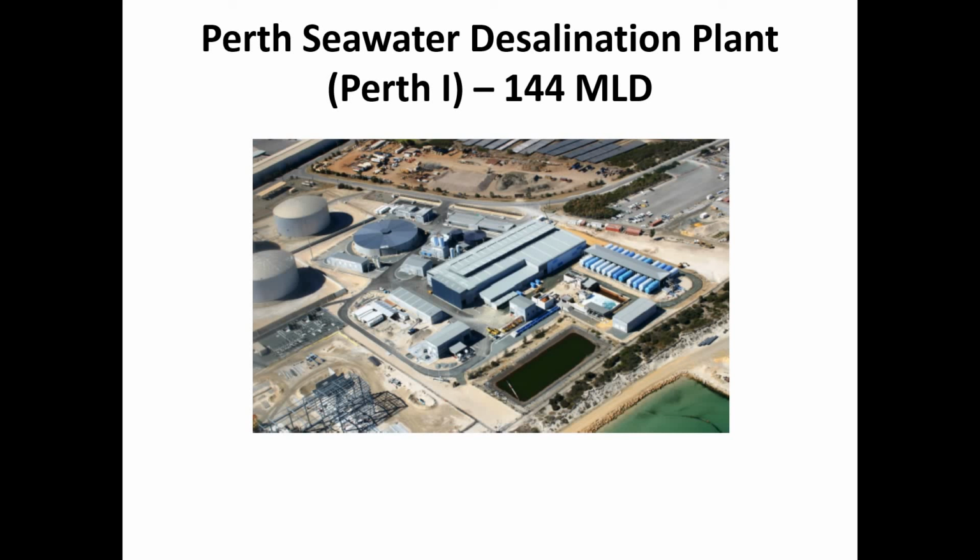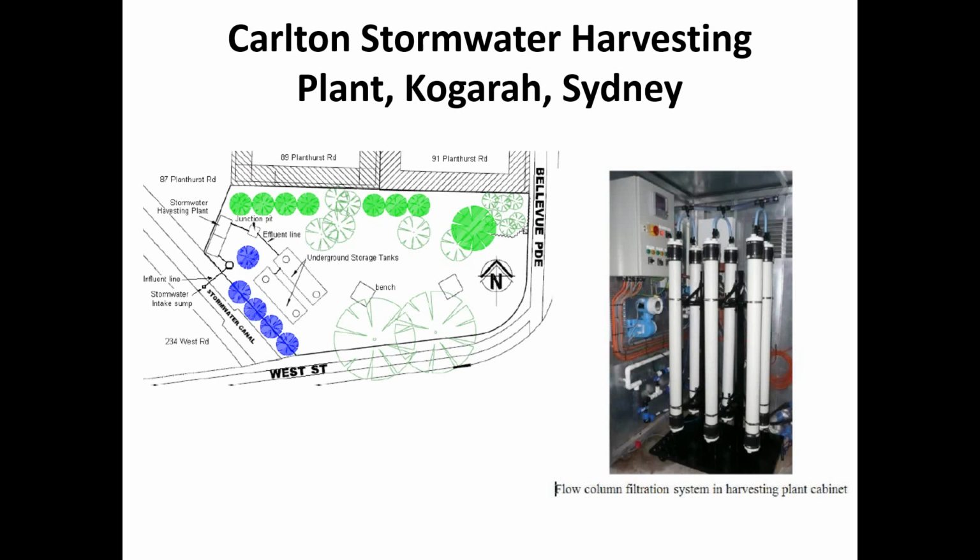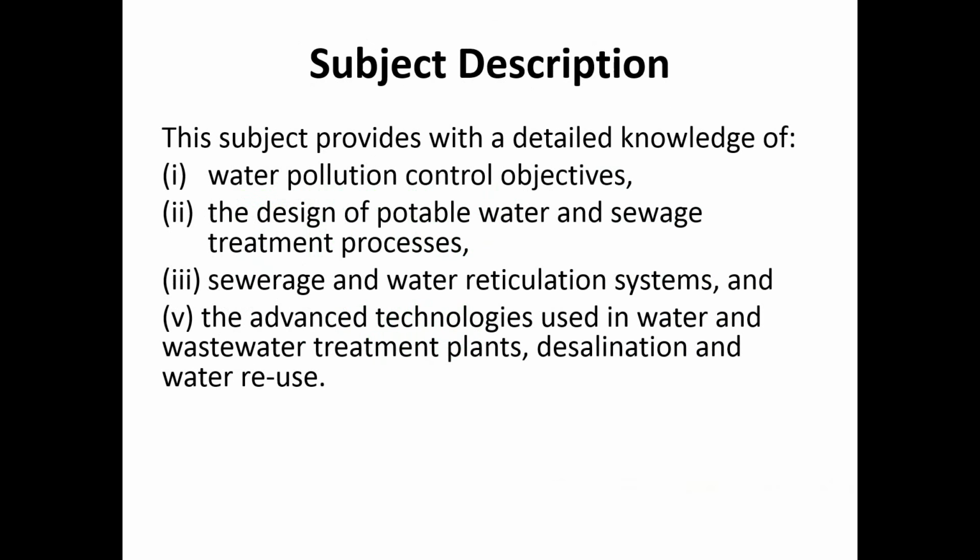We will also be learning the water desalination technologies. Another water measure is stormwater harvesting. There is a lot of stormwater harvesting practiced in Sydney, and I will also be teaching these topics.